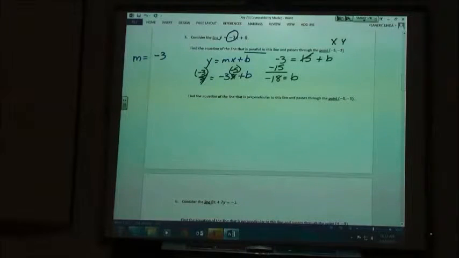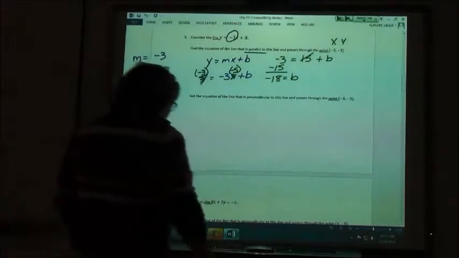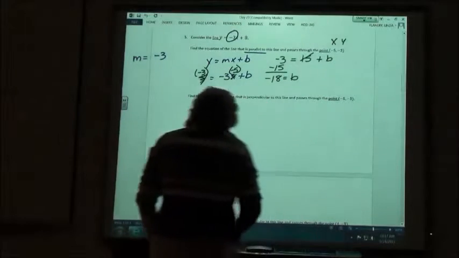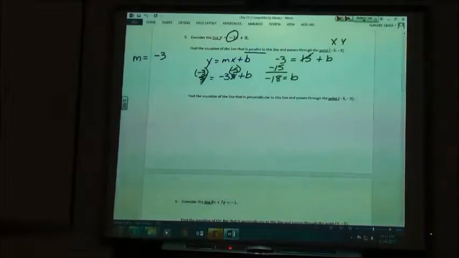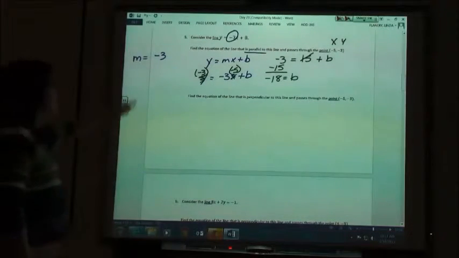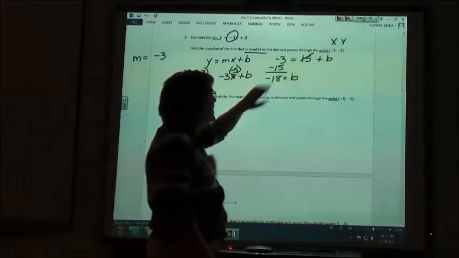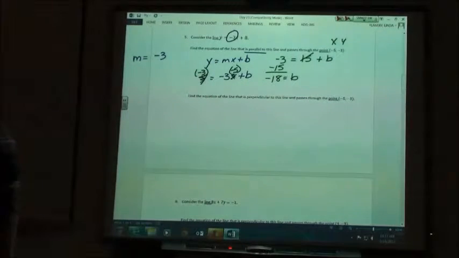Minus 15 is going to equal negative 18, right? So I'm not dividing, I'm subtracting that 15. So I know my m is -3. I know my b is -18. What should the answer to that first part of my question be?